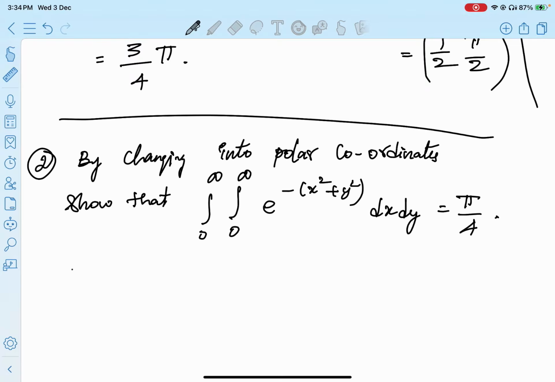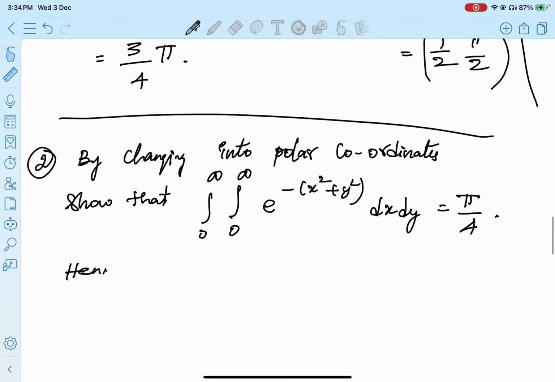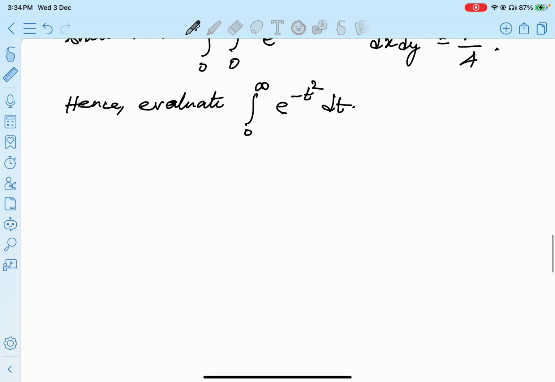So they have given the answer also; we have to show the problem. And hence we also have to evaluate one more integral, the integral from 0 to infinity of e power minus t square dt. This also we have to find.